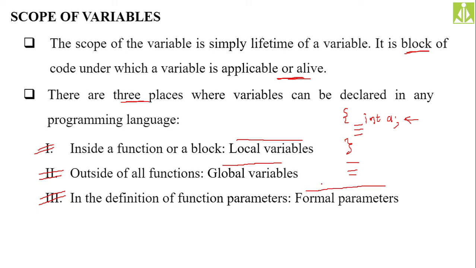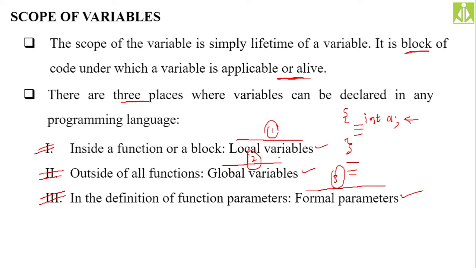So these are the three places at which we can declare a variable. The first place, local variables; the second, global; and the third, formal parameters. Local, global, formal. Remember this. Local means within a block or within a function. Global means outside of all the functions.